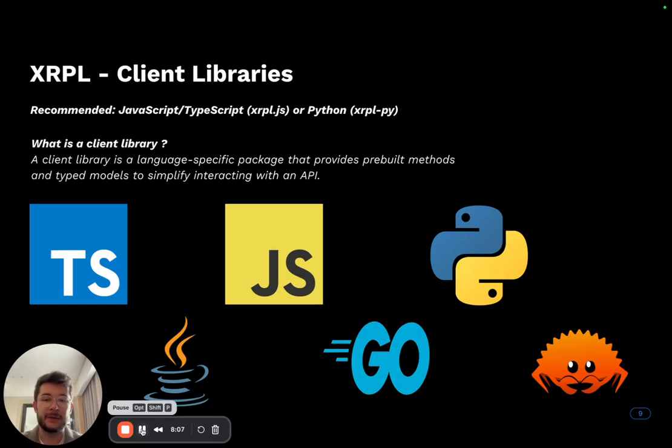For example, we have one package, which is the xrpl.js package that supports JavaScript and TypeScript, and also the xrpl-py package for Python. If you want to use, for example, Java, Go, or Rust, we also have some packages available. I would recommend you to leverage the JavaScript and Python ones because they are the most up-to-date.